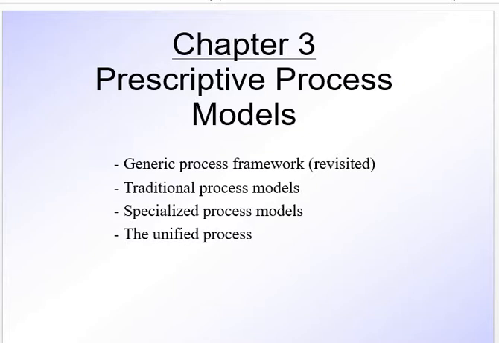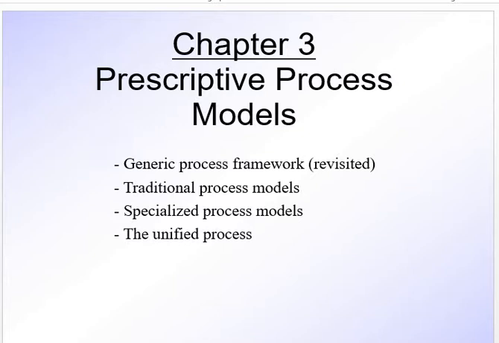Similarly, in the software engineering process also, to make a software there are different plans available, different types of software processes available, that are called different software process models. So in this chapter we will study the different types of software process models.